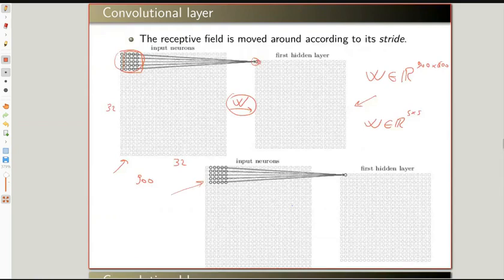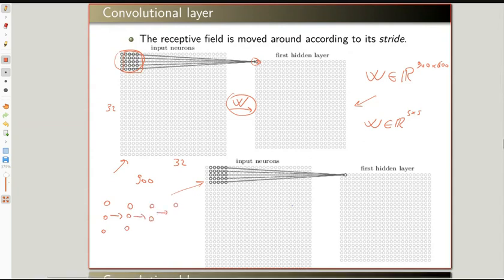In the usual picture of the neural network, we used to have this layer, and then another layer, and then another layer, and then another layer. I'm putting different amounts of neurons, okay?